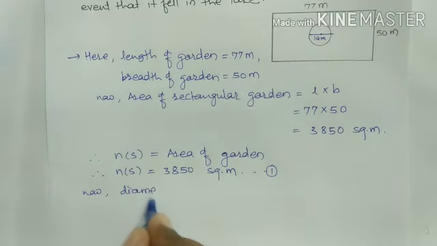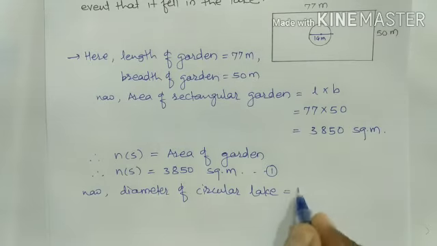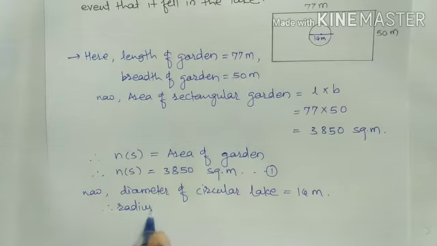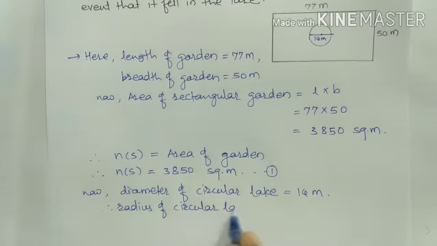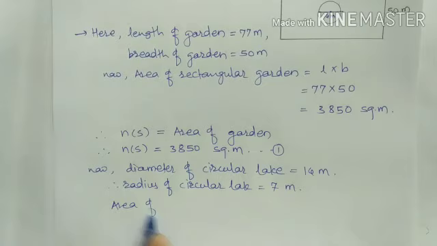Diameter of the circular lake equals 14 meter, and therefore radius of the circular lake equals 7 meter, and the area of the lake, it is circular, therefore area of circle, we know this formula, area of circle equals pi r square.